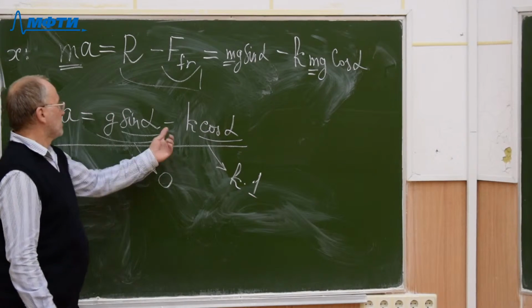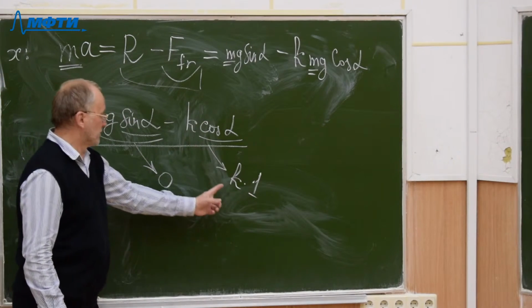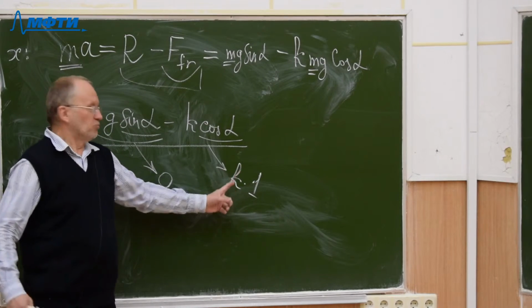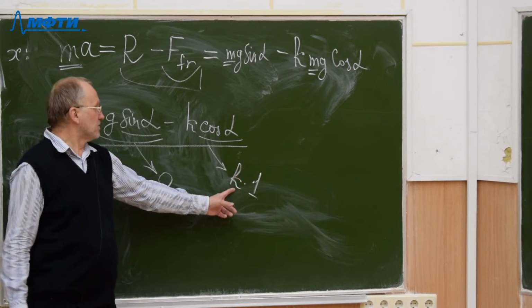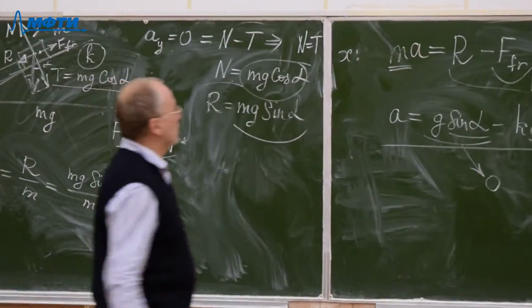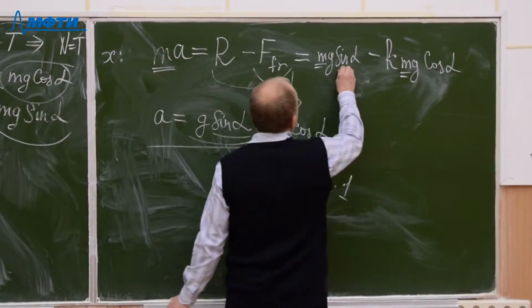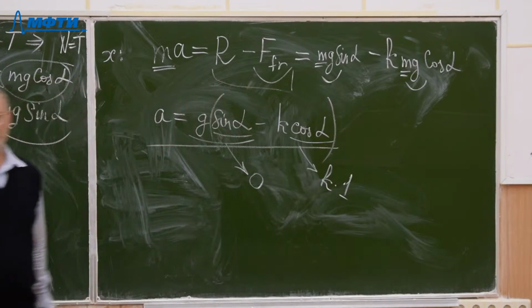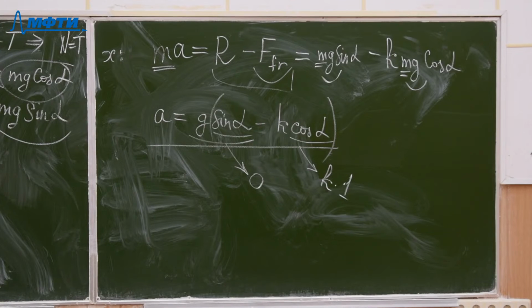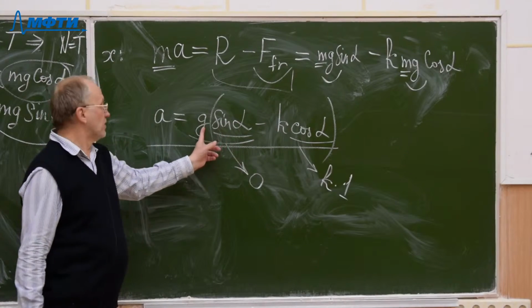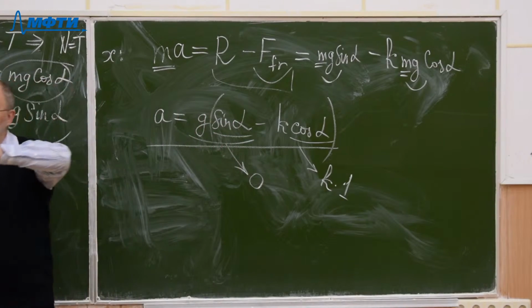So the acceleration will be equal to minus k, and k is the coefficient of friction. It's a finite number, like 0.3, maybe 0.5. Oh, sorry. There is certainly g here and g here, so that should be taken in round brackets. So acceleration will be minus kg if the inclined surface is almost horizontal.